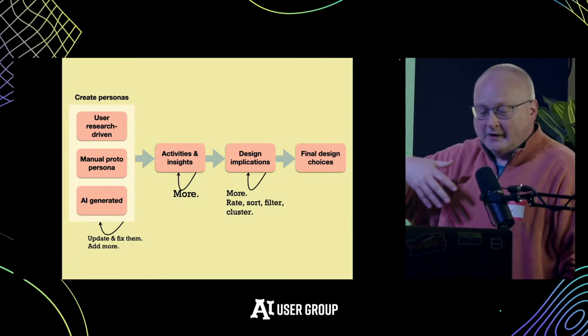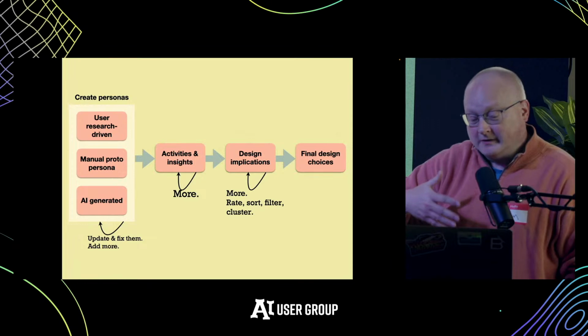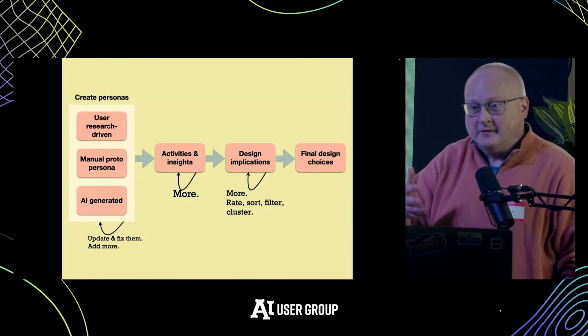This is where you just kind of guess, like, this is what I think a representative user in my target audience would be like. And that's actually quite common, that people make these proto-personas. And you can imagine, because you're not actually basing it on user data, there's a lot of uncertainty in creating those.